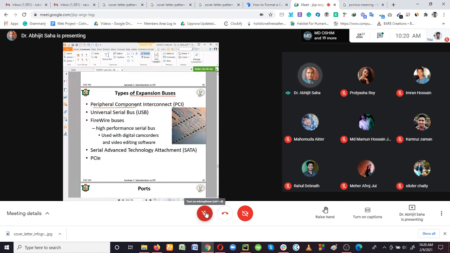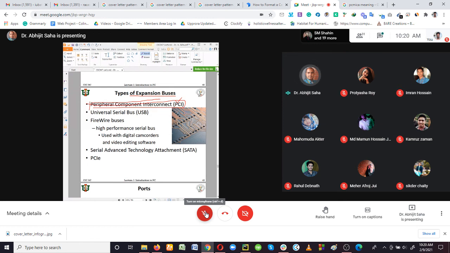You can see the Peripheral Component Interconnect, the PCI bus. In the PCI bus, which cards are you installing? The sound card, your LAN card, right? Through the PCI bus, these cards are able to communicate with the rest of the computer components.